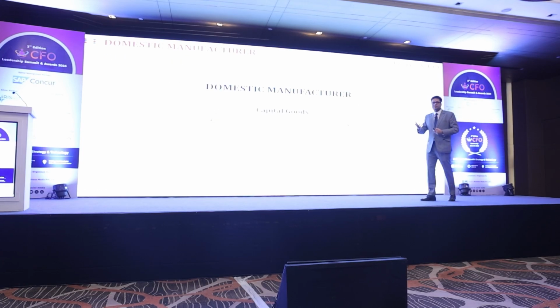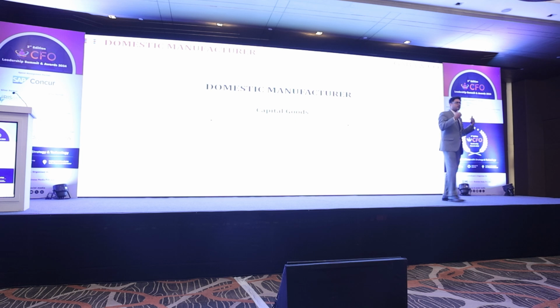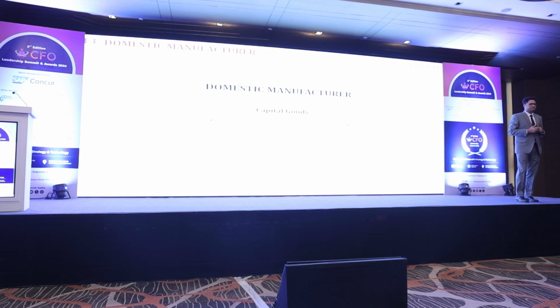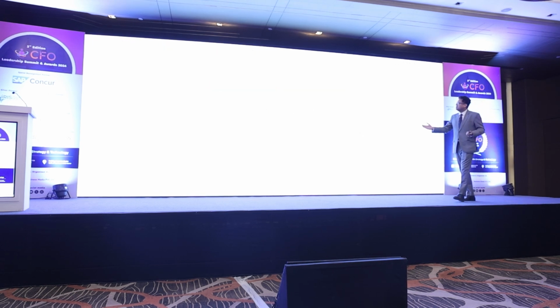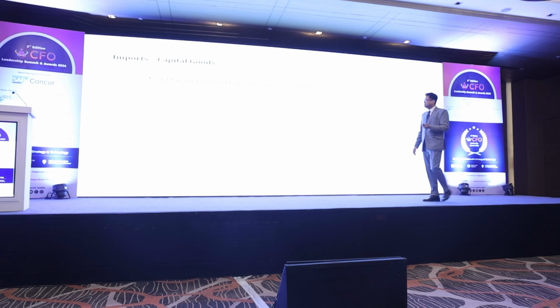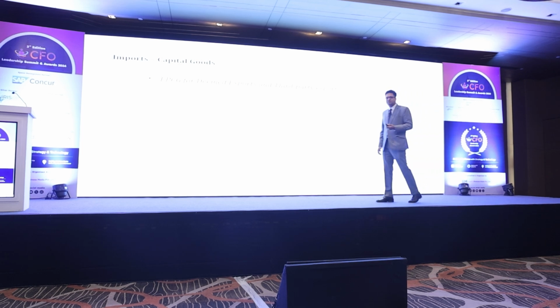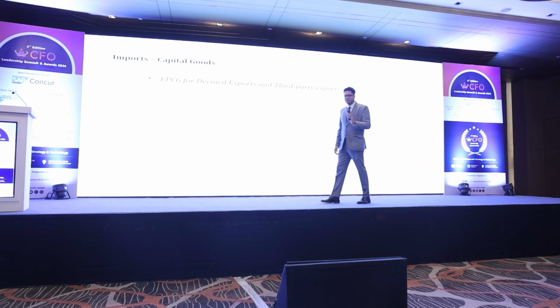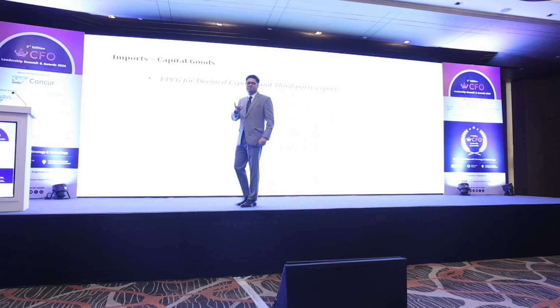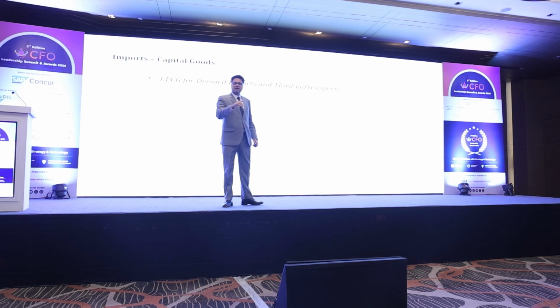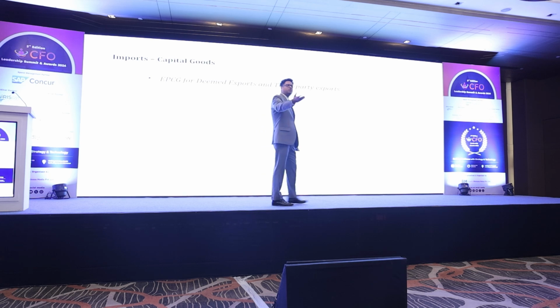Now you are a domestic manufacturer and you are going to have expansion in your business. You are importing capital goods. We talked about raw material, this is capital goods. You can buy from India, then import. You have the EPCG scheme for deemed export, third party export. So you have the EPCG license, and there is an obligation that whatever duty you save, 6 times of that amount will have to be exported.